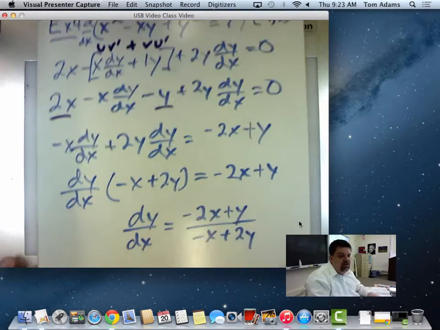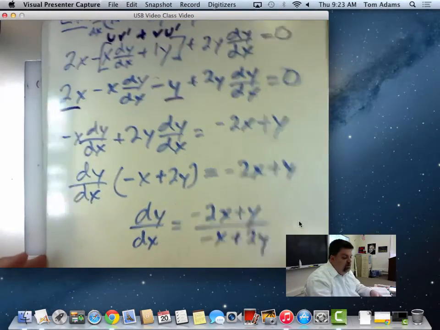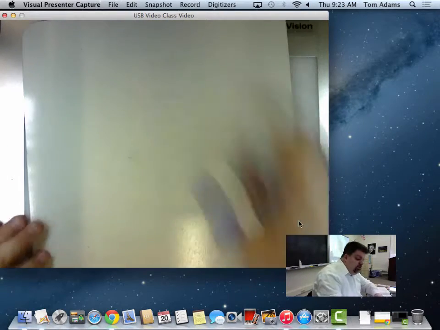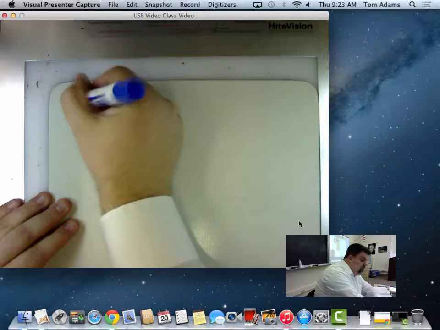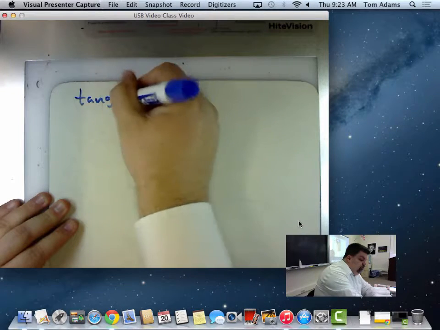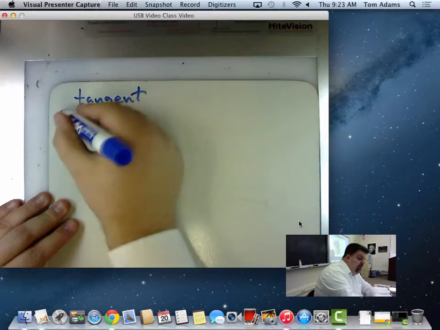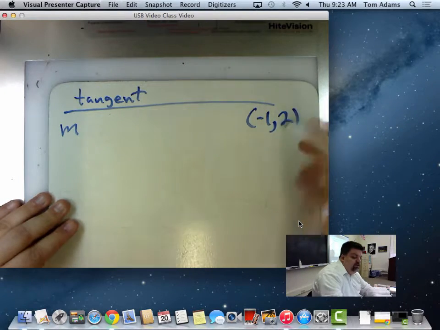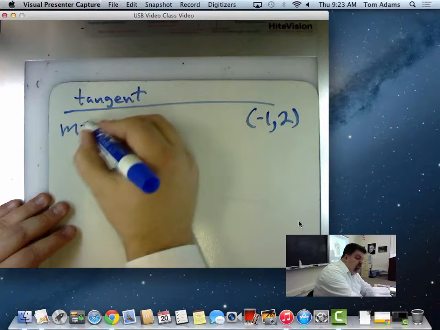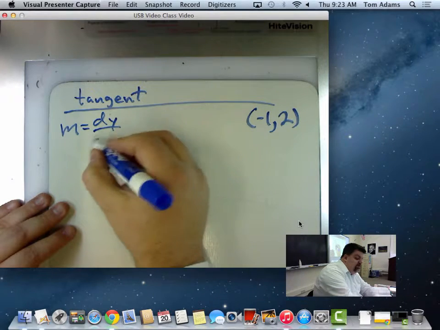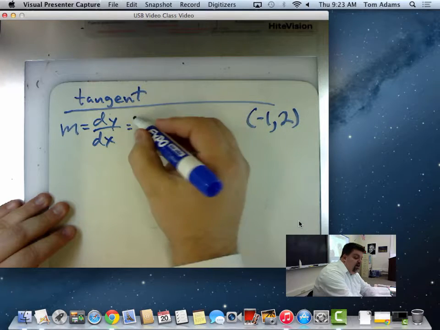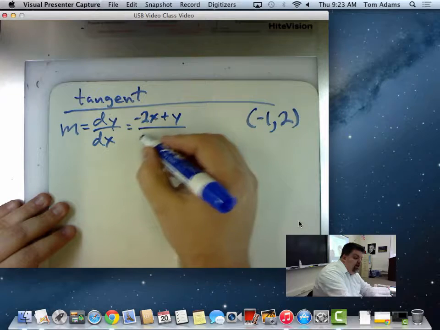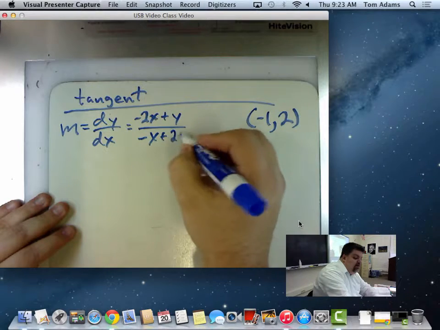Now what do I got to do to find the slope of the tangent line? Plug it in. So basically to do the tangent line, I need the slope and I need the point. And the point we have because it was given to us as -1, 2. So my slope is really dy dx, which is -2x plus y over -x plus 2y.